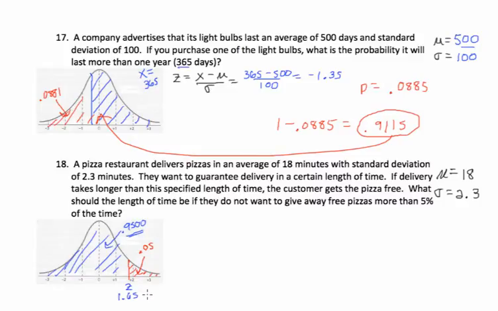So this time you're kind of doing this backwards. You're starting with the probability, going to the z-score, and now we'll have to change that z-score back into a data value. So if you have the z and need the data value, use this formula. That'll take your z-score, 1.65, times your standard deviation plus your mean.